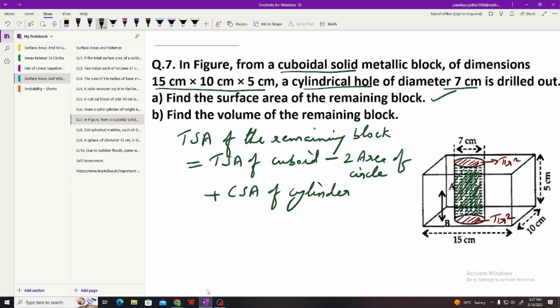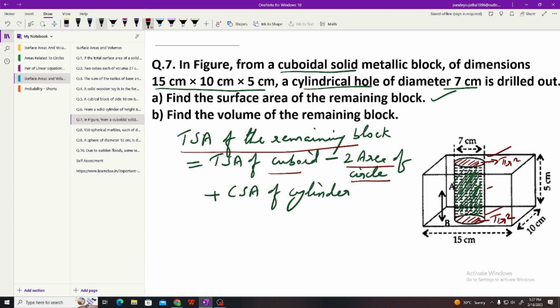So the total surface area of the remaining block is equal to total surface area of cuboid minus 2 times area of circle, because this circular portion is being drilled out so that is to be subtracted, and the curved surface area of the cylinder to be added, because this we will be able to touch.